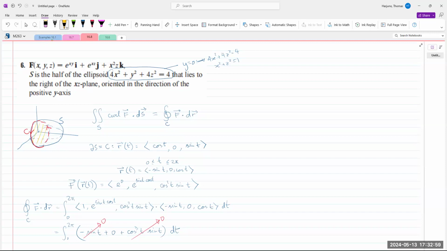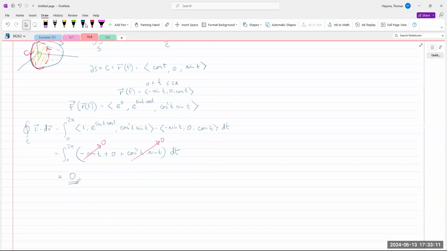Now if you notice, this closed curve C is actually also the boundary of this guy D, which is a flat plane on the xz plane. So suppose I use Stokes' theorem again. The double integral over surface S of curl of f dot dS is equal to the double integral over D of curl of f dot dS.